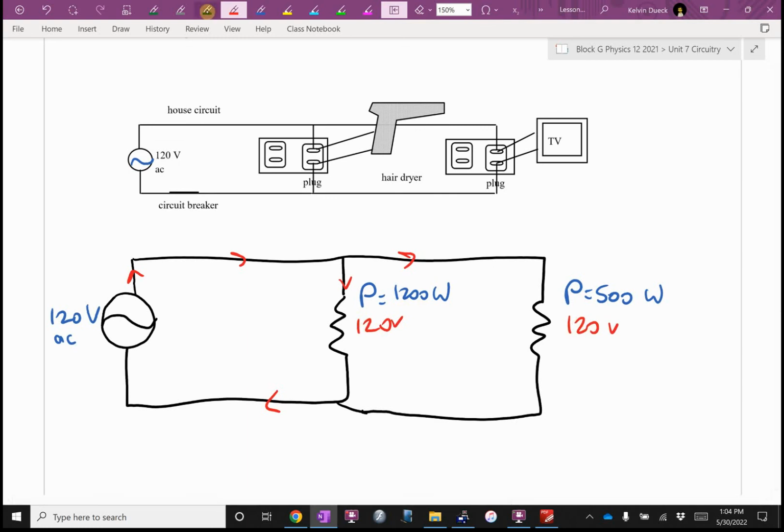Now I can tell you how many amps must be going through here, because I can use power equals V times I. So I is power divided by voltage. How many amps are going through this hairdryer? How many amps are going through this TV?